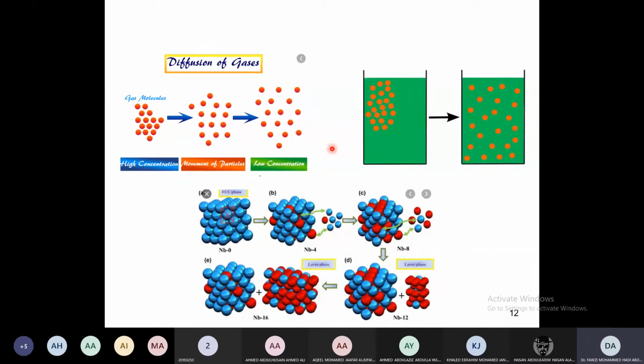This movement of atoms in materials is different from gas. For example, if you leave gas in a small area and then leave it out freely, it is going to expand from high concentration to low concentration. So diffusion of the atoms in a gas is very fast.